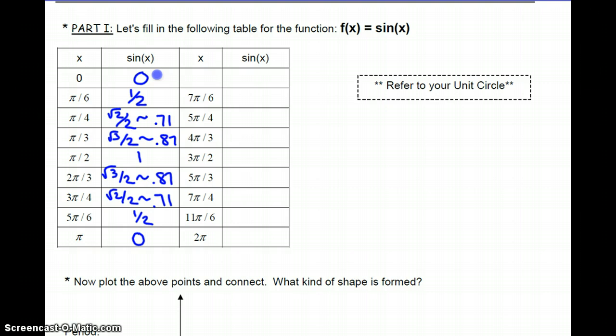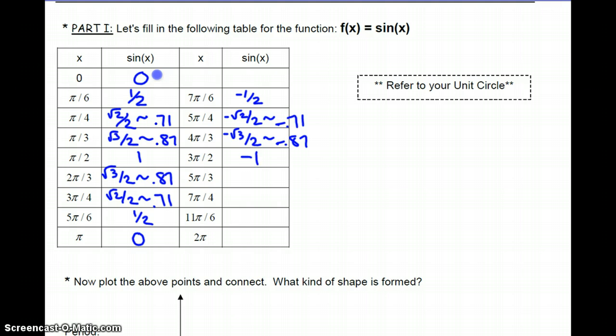Moving on to quadrant 3, the sine of 7 pi over 6 is negative 1/2. The sine of 5 pi over 4 is negative root 2 over 2, which is about negative 0.71. The sine of 4 pi over 3 is negative root 3 over 2, which is about negative 0.87. The sine of 3 pi over 2 is negative 1.